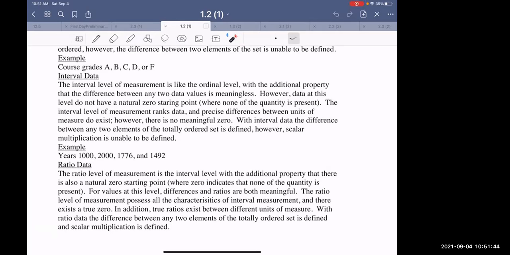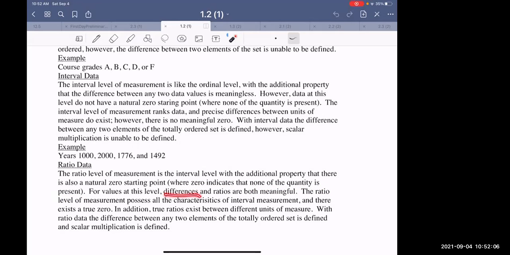Ratio data. In ratio data, we have the same as interval data, but there is a natural 0 starting point. 0 indicates that none of the quantity is present.